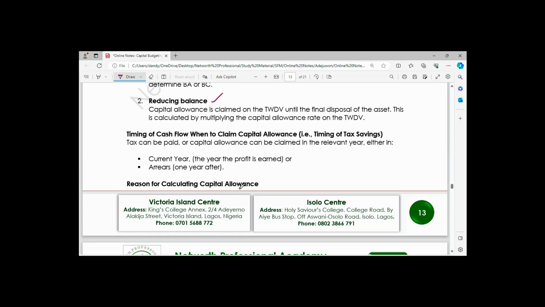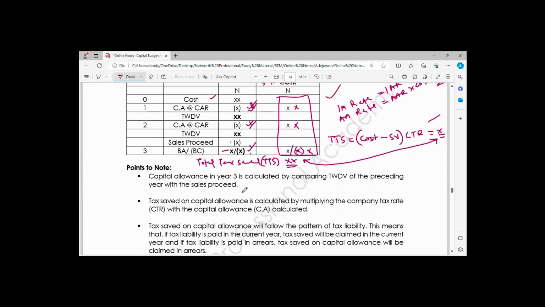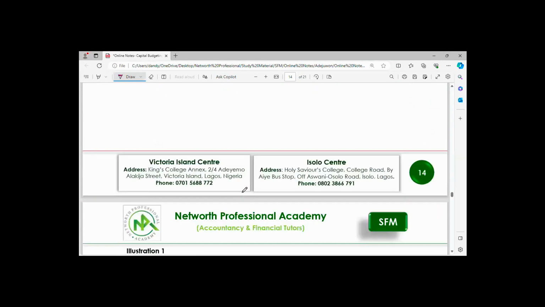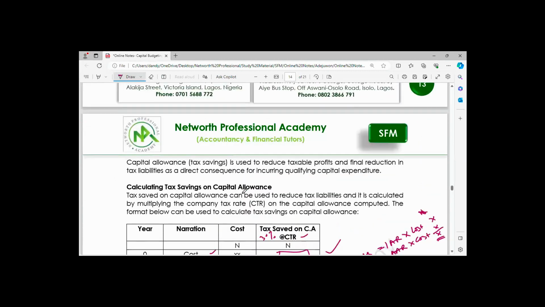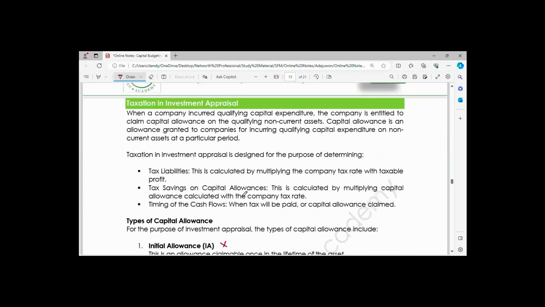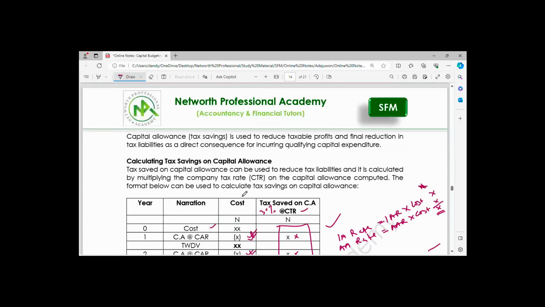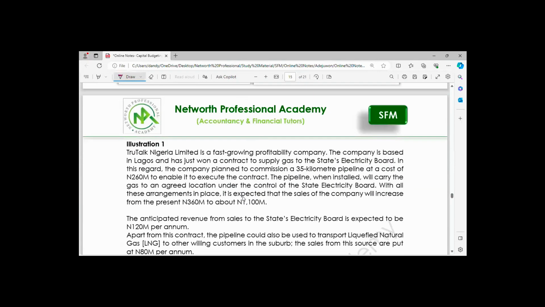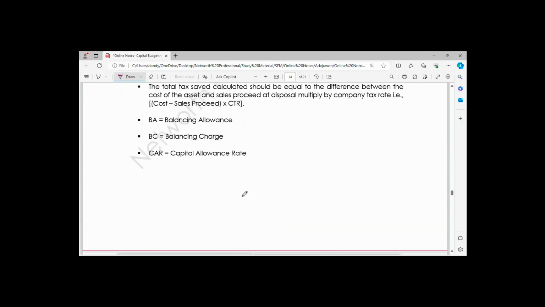If your tax liability is paid in arrears, your tax saved on capital allowance must be claimed in arrears as well. So you need to watch out for that. I think that is all you need to know in relation to taxation. Please go back to your material and read them through so that you have a deep understanding of the impact of taxation.